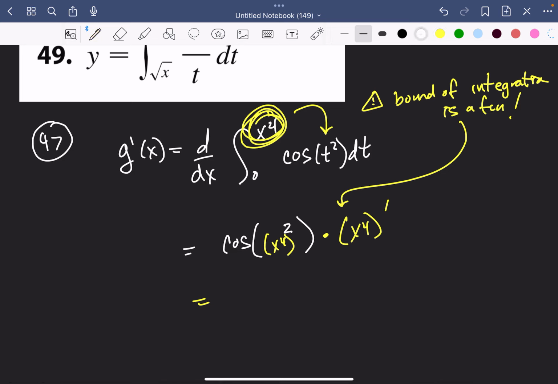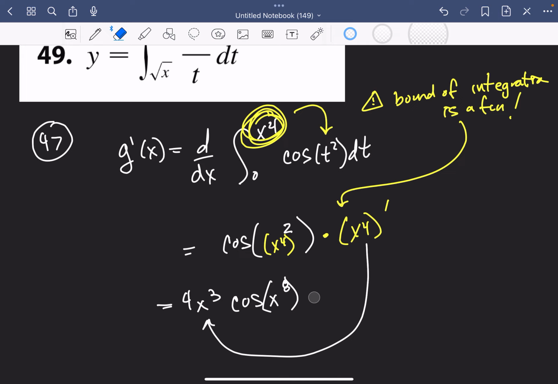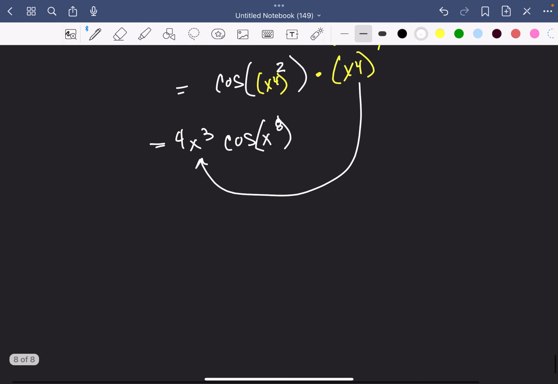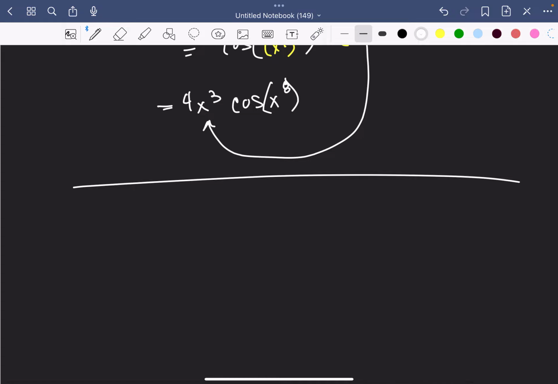So this is going to be cosine of x to the 8th times the derivative of this is 4x cubed. I'm probably going to put that out front, 4x cubed. So this derivative I'm going to put there, just so I don't get confused when I'm taking the cosine of. Now let's look in here.